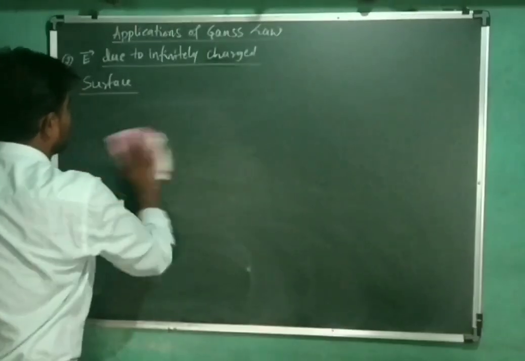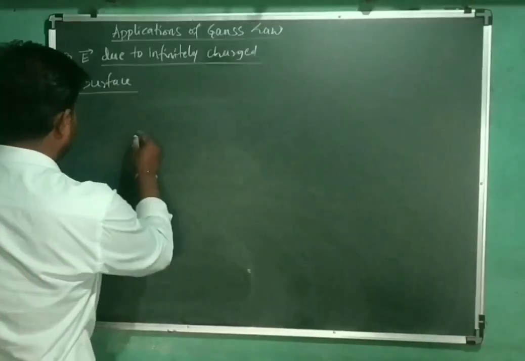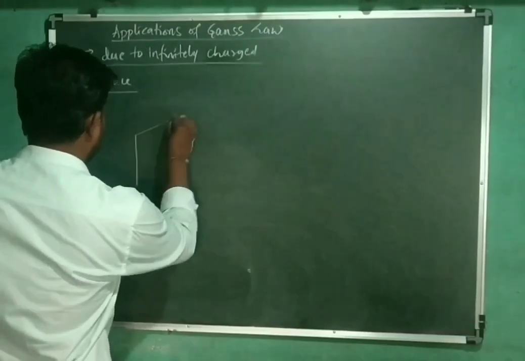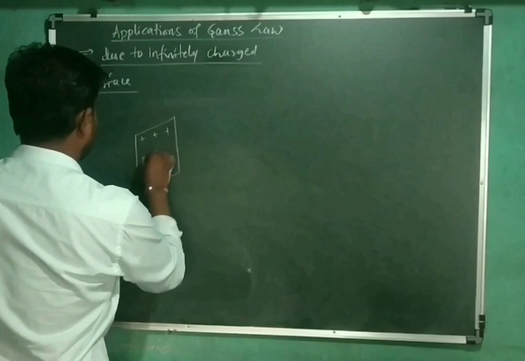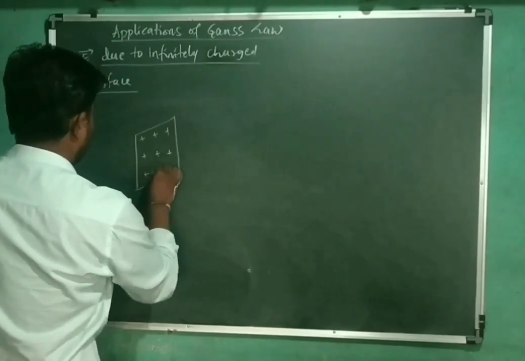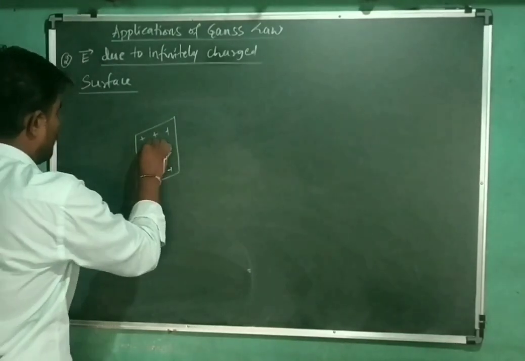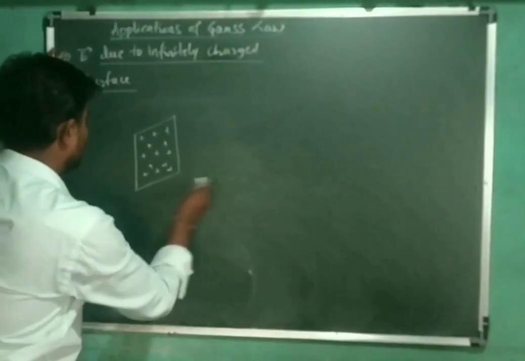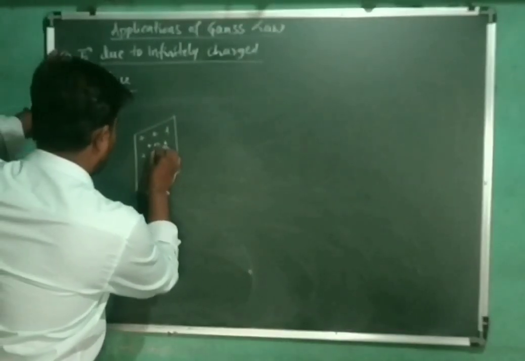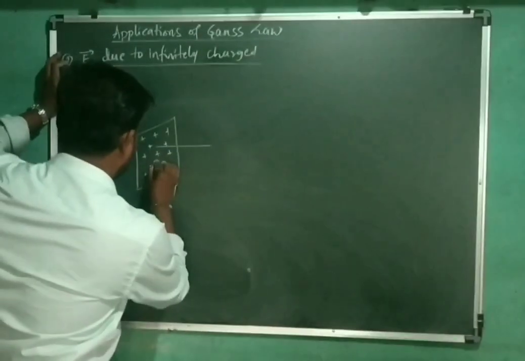I will redraw this diagram. These are the charges. We have to consider a Gaussian surface, and we have to consider it in the shape of a cylinder only.